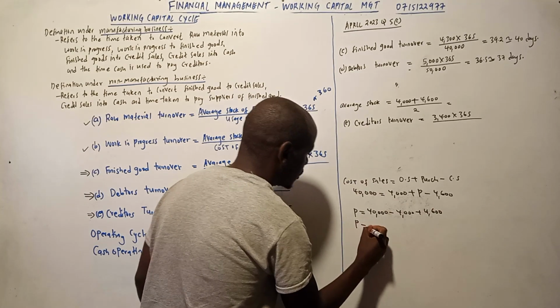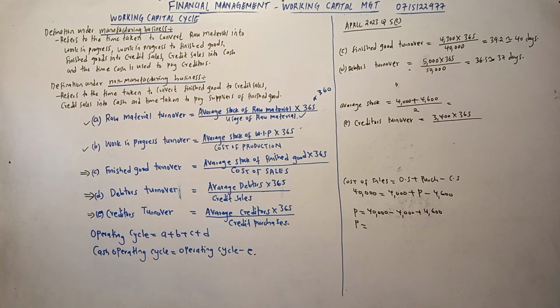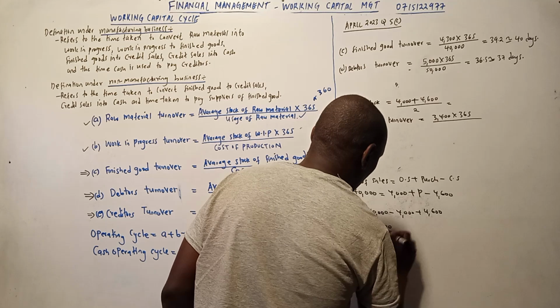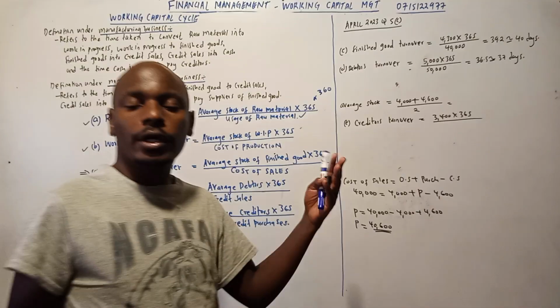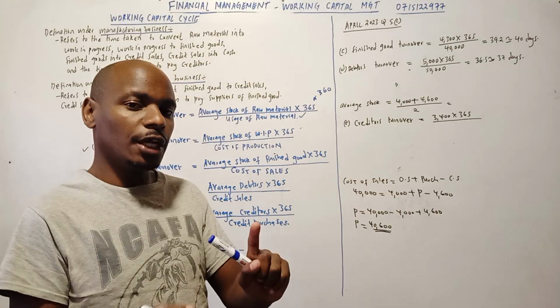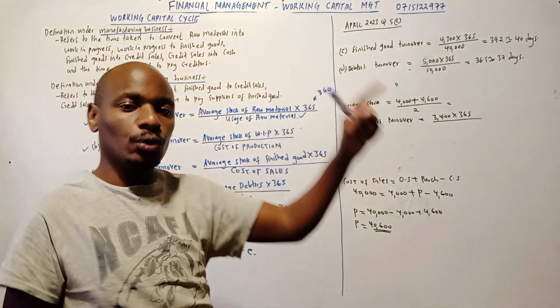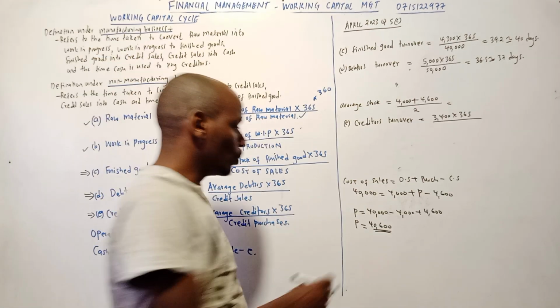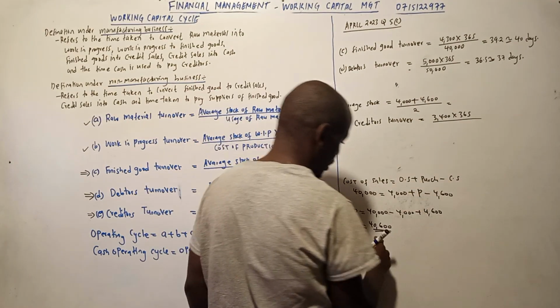What will be the value of the purchases? 40,000 plus 4,600 minus 4,000, that will be 40,600. Now, are these purchases on credit or on cash? Because we are talking about working capital, we are mostly talking about the credit part. So we shall assume all these are on credit, so it's credit purchases.